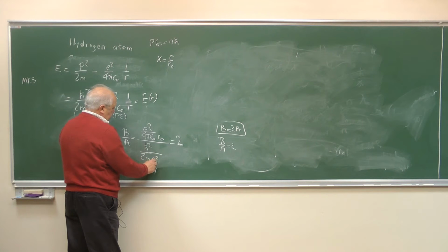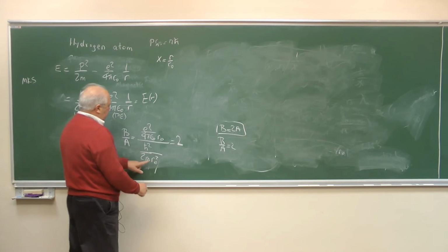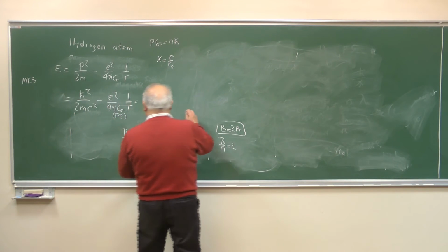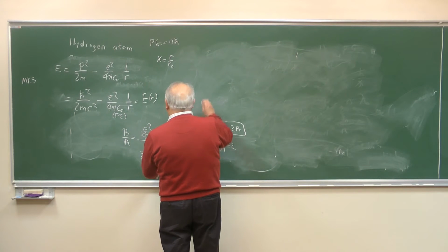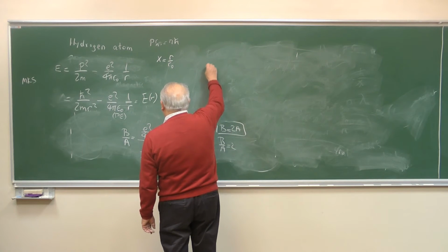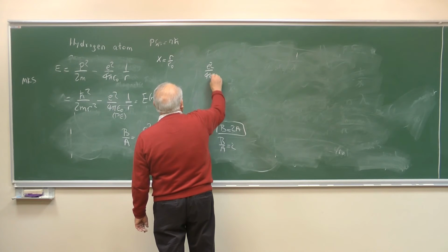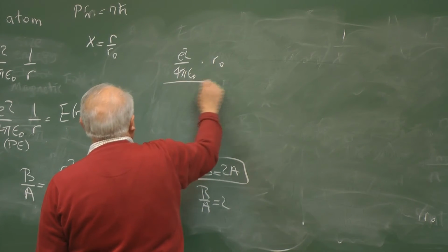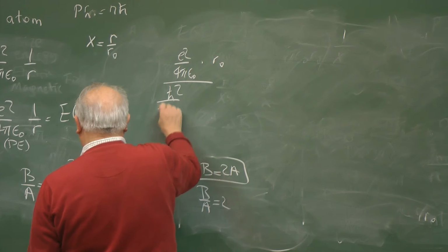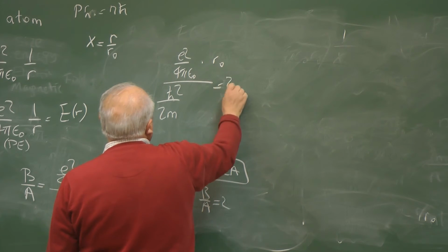R0 comes out from this division. E square over 4 pi epsilon 0 R0 divided by h bar square over 2m is equal to 2.